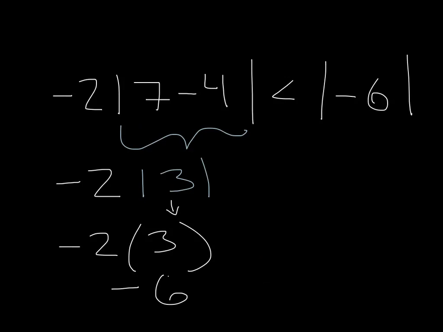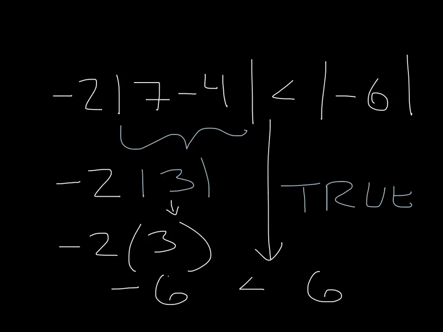Don't forget that negative. I'm going to bring this down. So we have negative 6 is less than the absolute value of negative 6, which is, here we go, 6. So we have negative 6 is less than 6. Is that true? Yes, it is. So we know that this problem is true.